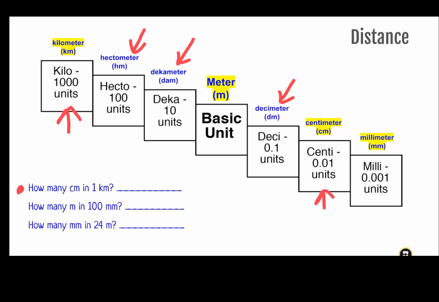I have 1 kilometer, so I'm going to write it out. That's a 1, which of course is the same thing as 1.0. Starting at kilometer, I'm just going to hop over the correct number of squares. Starting here, there's 1, 2, 3, 4, 5 hops to get to centi.